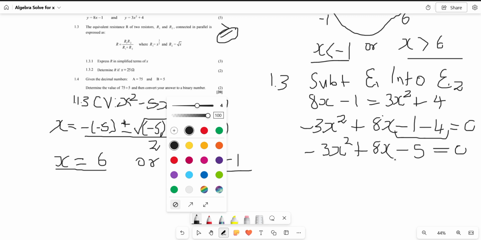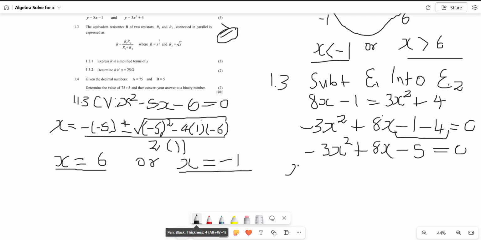You need to apply the quadratic formula to find the x. Then we are going to say x is equal to negative b. In this case, the value of b that we have here is a positive 8. We are going to have negative 8 plus and minus the square root of b squared.